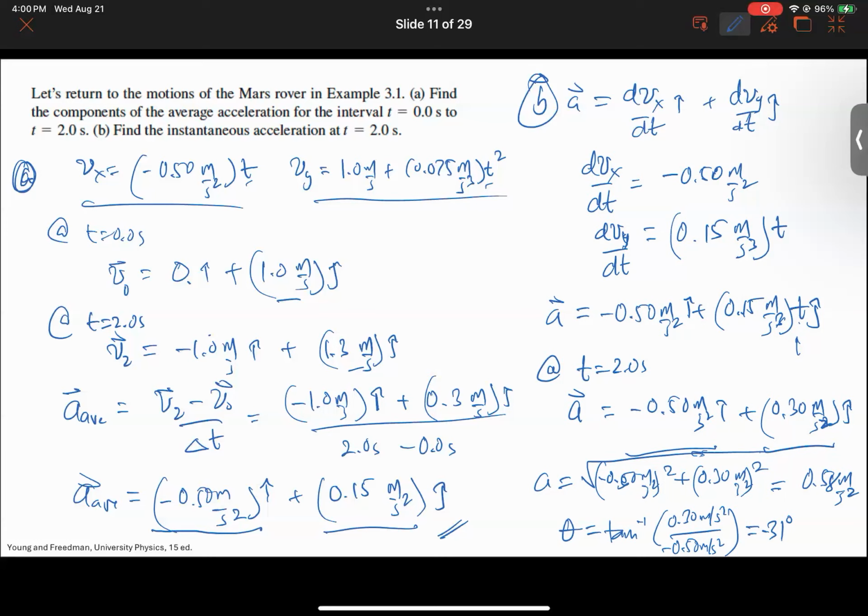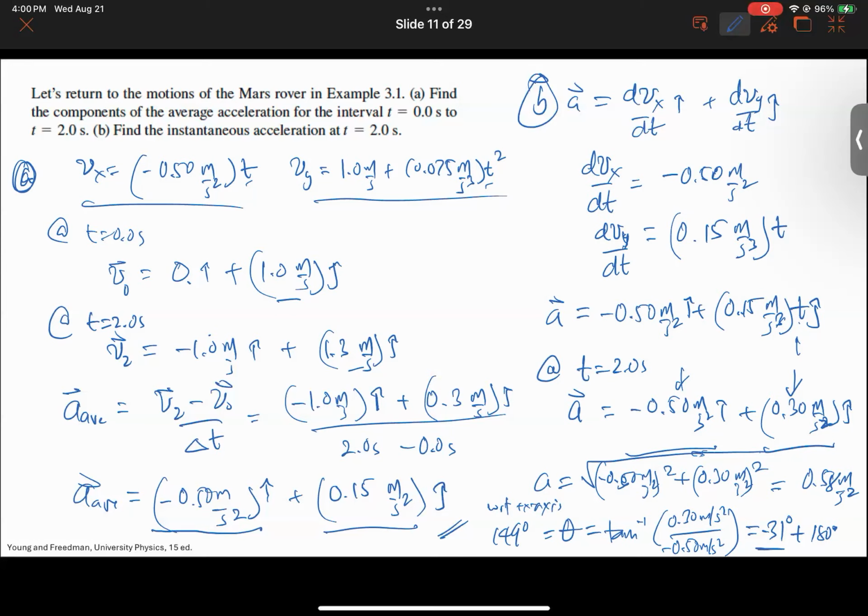But pansinin nyo na yung x component is negative and yung y component is positive. So, ibig sabihin nasa second quadrant siya. And yung angle na to is a fourth quadrant. So, we need to add 180 degrees. So, yung direction is actually 149 degrees with respect to the positive x-axis.